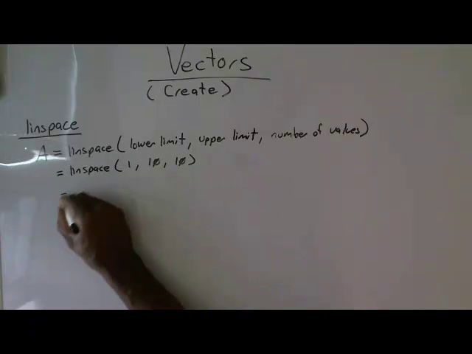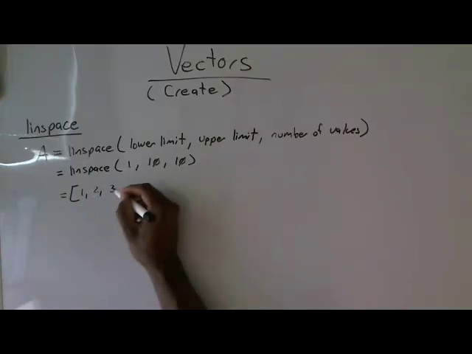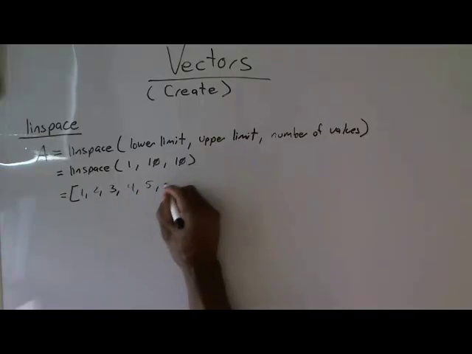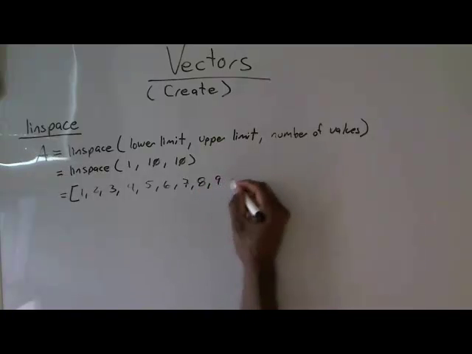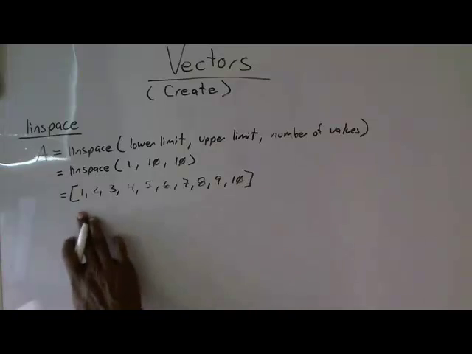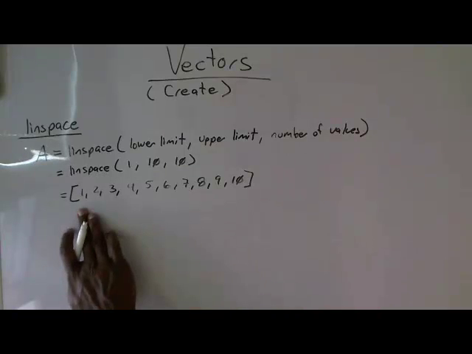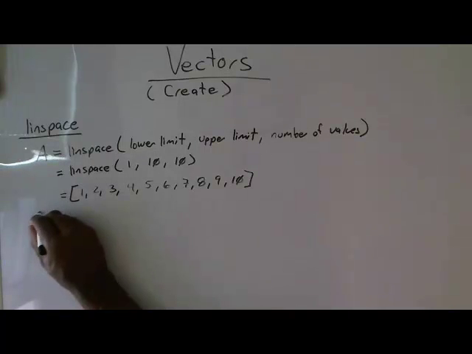And so this is going to be the equivalent of if I had written 1, 2, 3, 4, 5, 6, 7, 8, 9, 10. That's 10 values evenly spaced starting at 1 with a lower limit of 1 and an upper limit of 10.